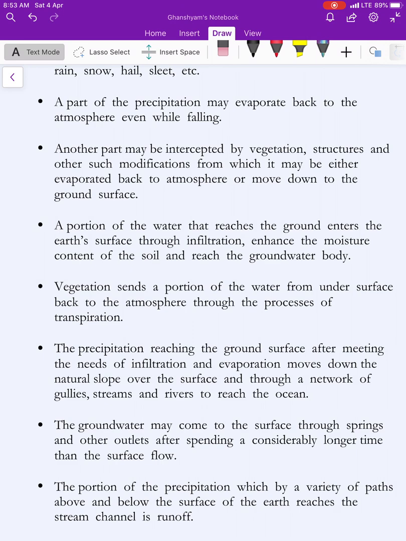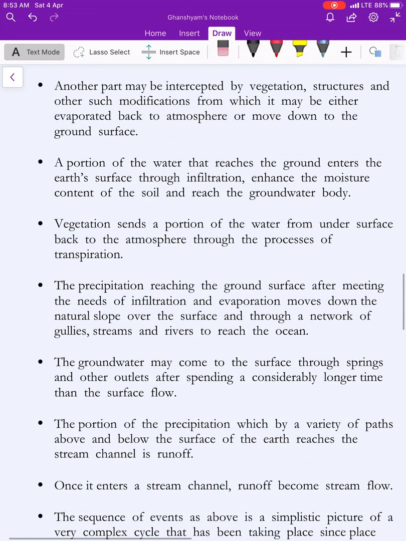Part of it, say 200 ml, will be evaporated while raining only, and some will get obstructed by vegetation, structures, and various other obstructions. So finally it will be hardly 200-300 ml going back to the oceans or the streams.